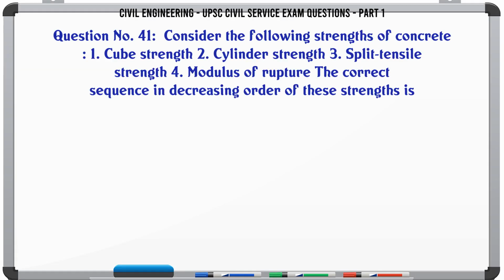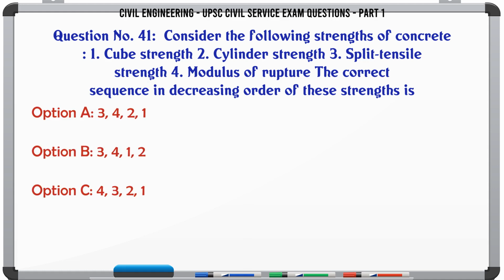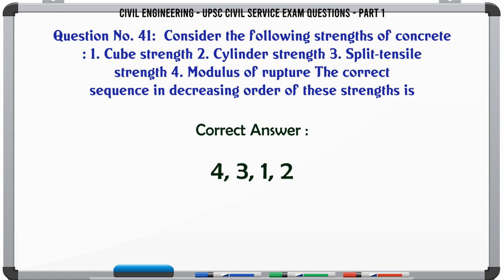Consider the following strengths of concrete: 1. Cube strength, 2. Cylinder strength, 3. Split-tensile strength, 4. Modulus of rupture. The correct sequence in decreasing order of these strengths is: A. 3421, B. 3412, C. 4321, D. 4312. The correct answer is 4312.